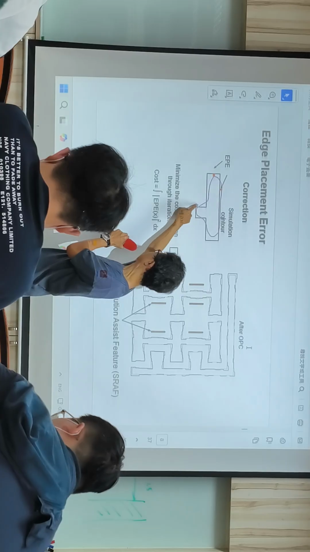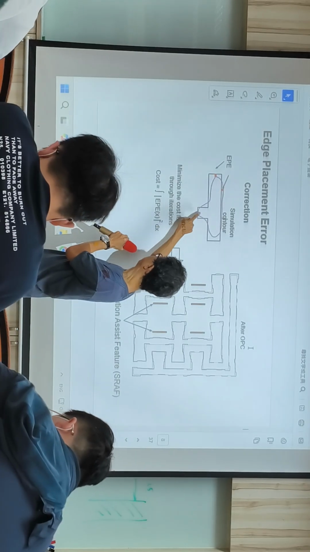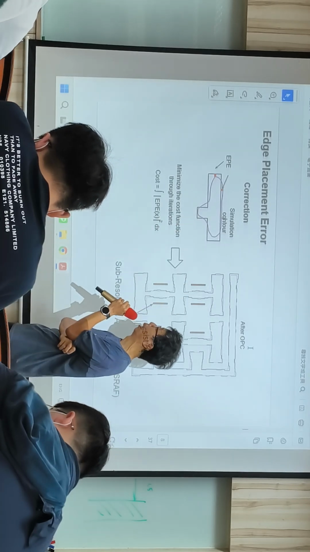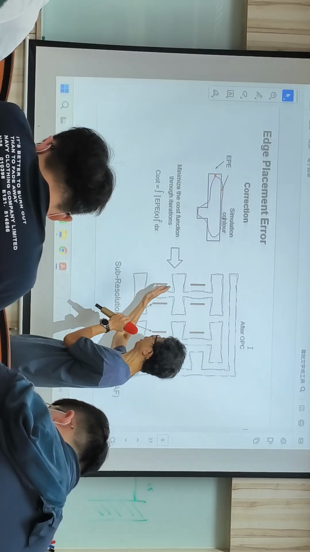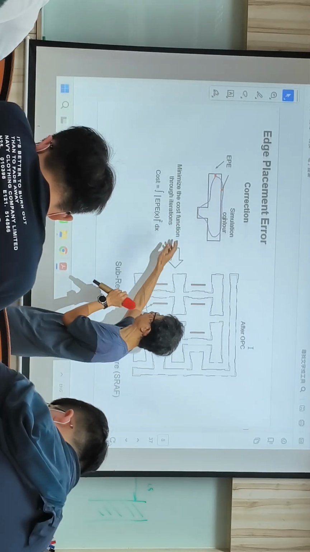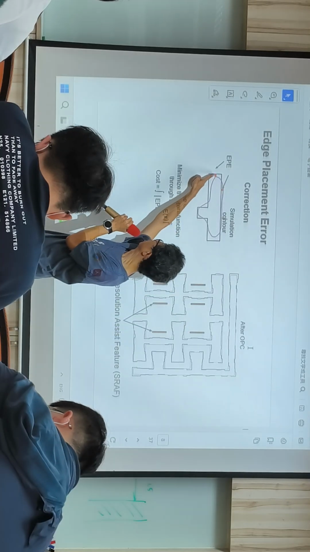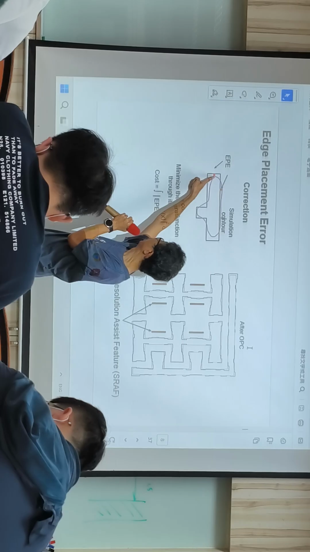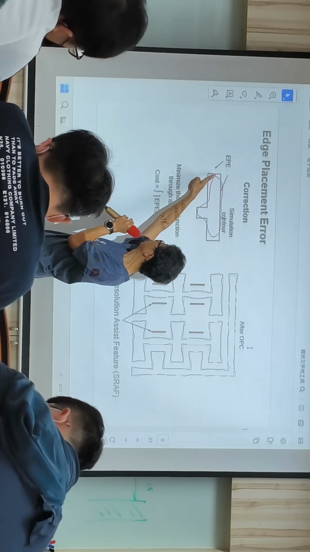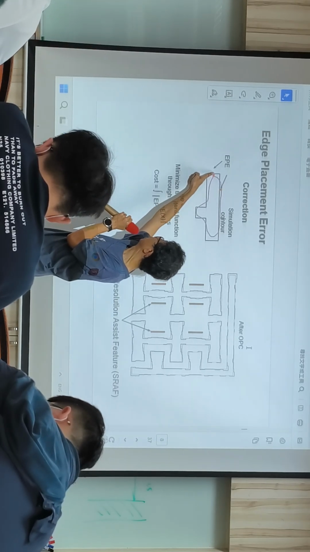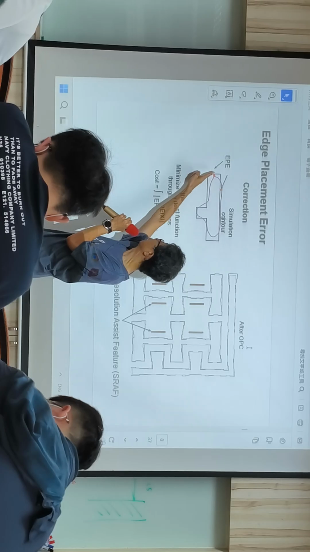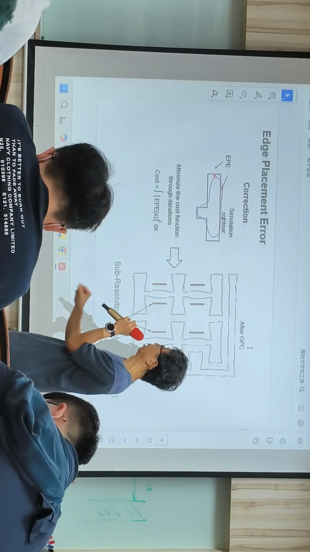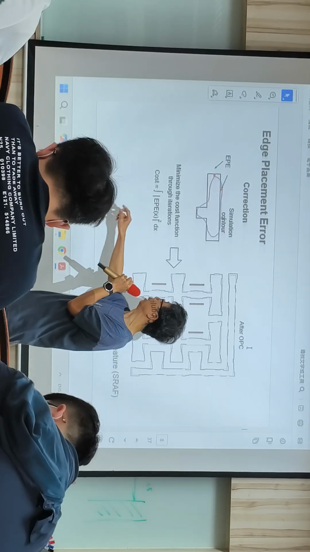Okay, the black is design, and if they don't do any OPC, this is what it ends up with. And then for all the cut points, the target points, they will do the calculation. This is the final contour, the location, and this is the target, and the distance is what we call EPE.